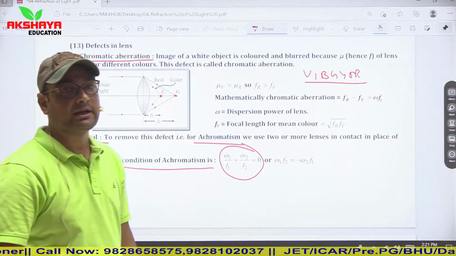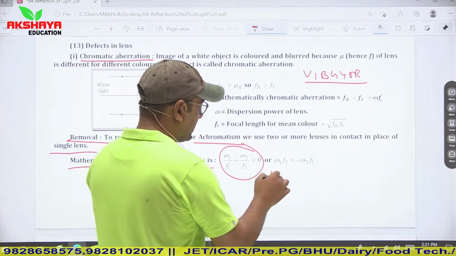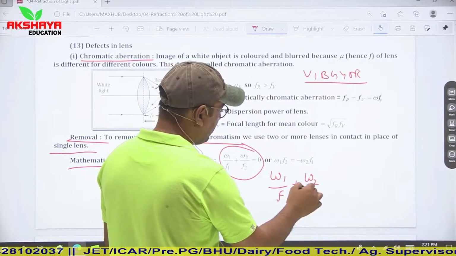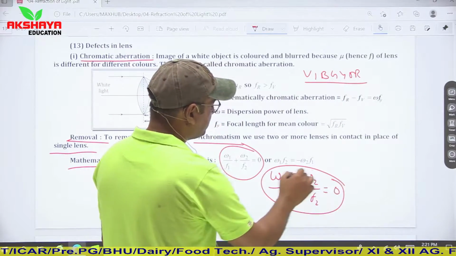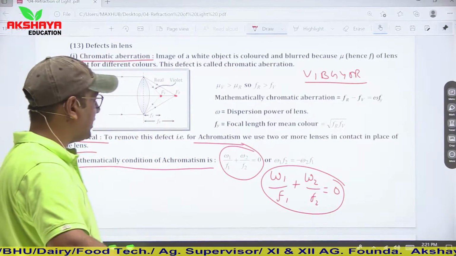So this is the mathematical relation. It is directly used in our NEET and JEE section. Here omega 1, omega 2 are angular dispersions.